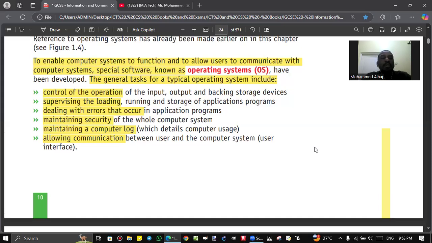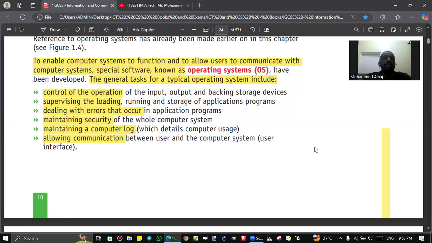Next, the general tasks of the operating system include control of operations of the input and output and storage devices, supervising the loading, running and storing of application programs, dealing with errors that occur in application programs, maintaining security of the whole computer system, and maintaining a computer log which details computer usage.